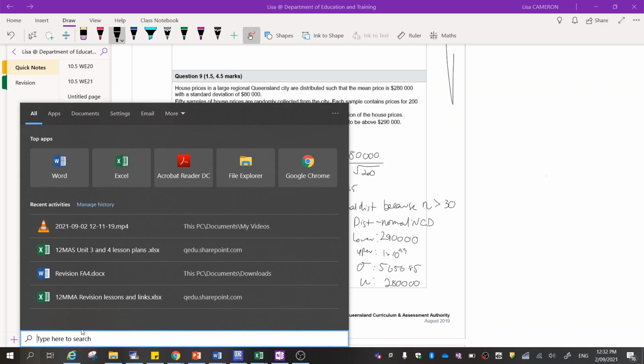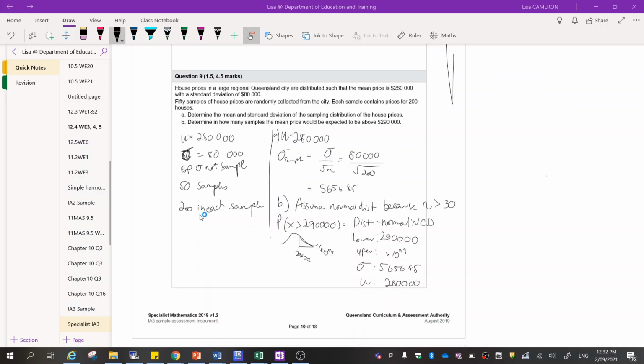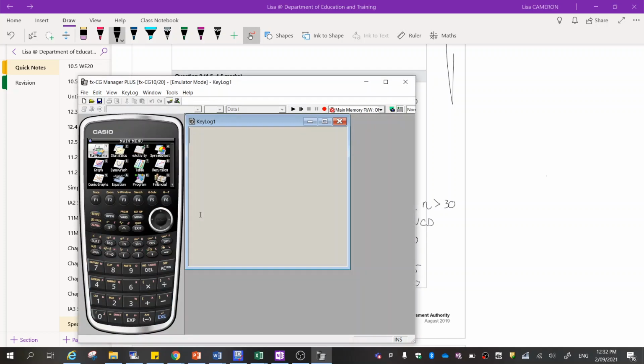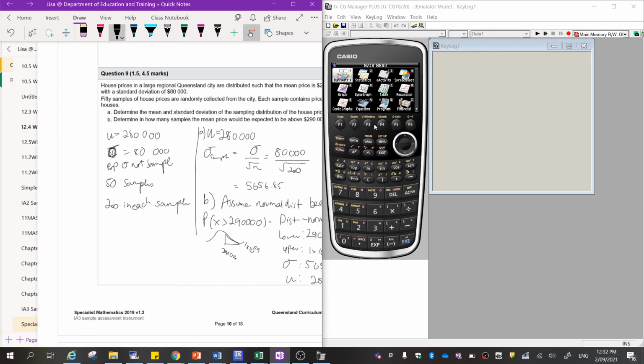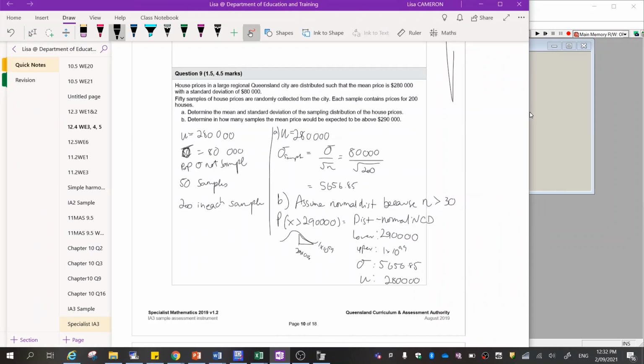So I have to open up my calculator, which I normally already have done. Find my little emulator here. Let's move this around so you can see my screen at the same time.